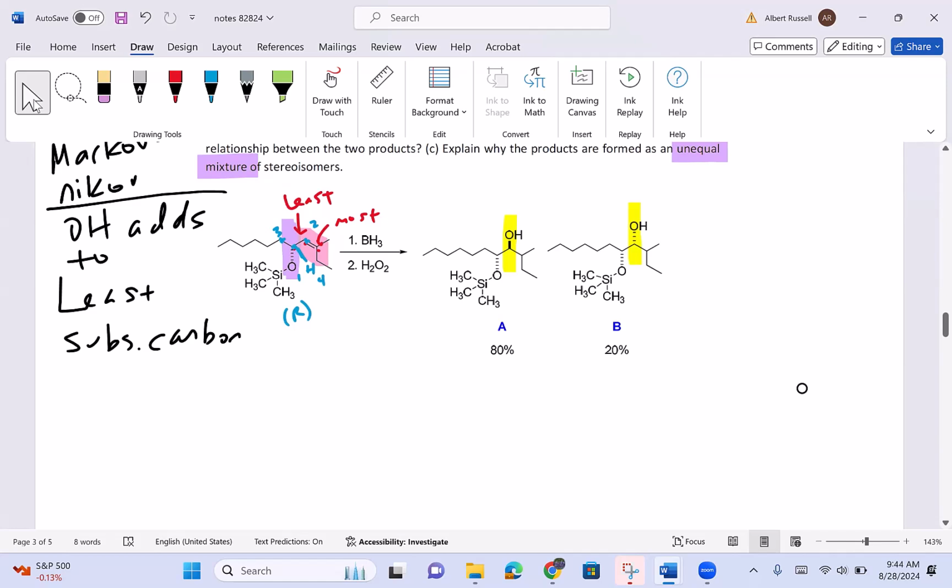Both of the chiral centers of A will be changed. So the mirror image of A would look like this, wouldn't it? I'm going to abbreviate it. So this would be on a wedge. That would be on a dash. I'm just going to say R3. Is that right?